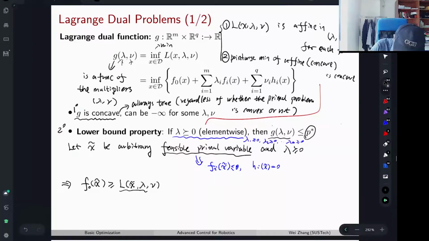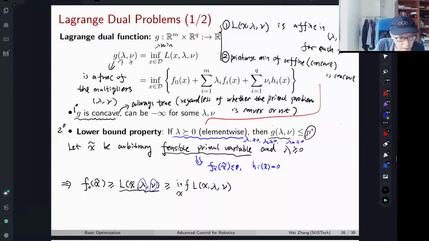And this of course is bigger or equal to the minimum, or if I use inf, the inf of x over L of x, lambda, nu. So these two are fixed values for arbitrary, right? Let's fix an arbitrary lambda bigger or equal to 0, and nu is an arbitrary variable.